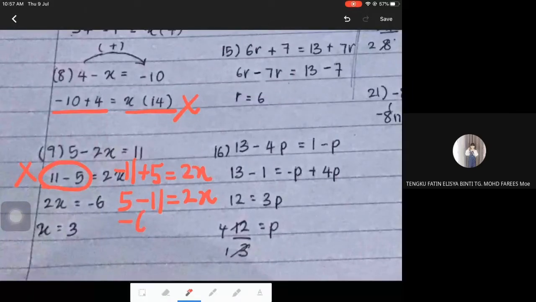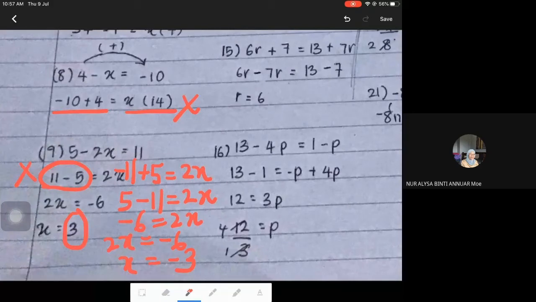Negative 6 equals to 2x. Okay, ni you boleh swap. 2x equals to negative 6. So x equals to, yang ni betul pula. Tapi ni salah juga. 2x equals to negative 6. x equals to negative 3. Negative 6 divide 2.